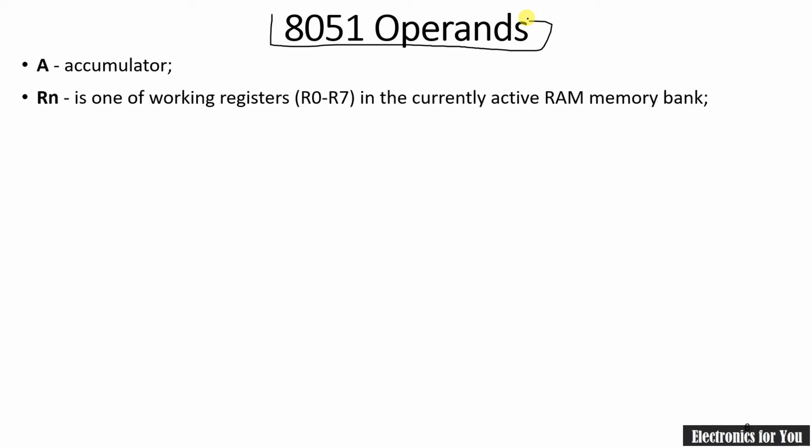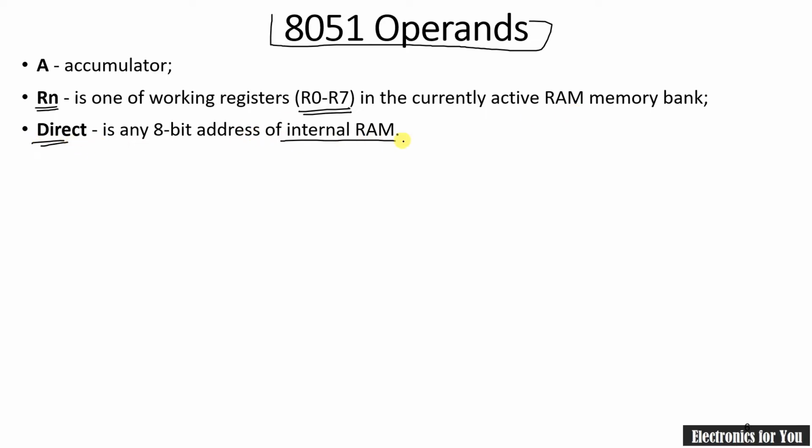Let us see some of the 8051 operands which will be used for the jump instructions. The first one is the accumulator, then Rn, which indicates the registers R0 to R7 from any register bank. Direct simply indicates an internal RAM memory location of the 8051.